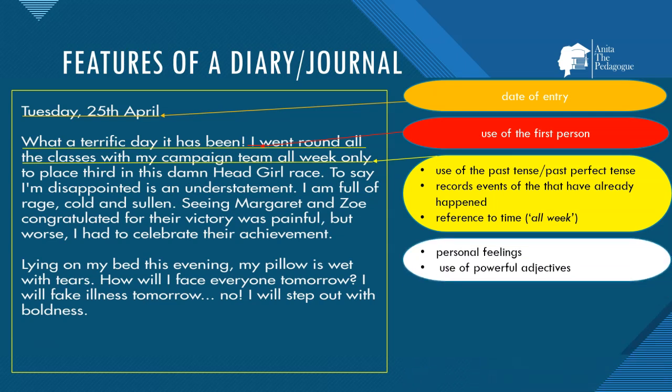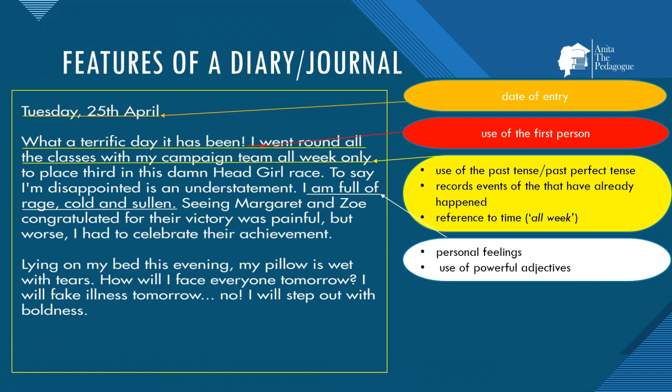Also, there is an inclusion of personal feelings through the use of some powerful adjectives in describing how the writer feels. So the writer talks about the fact that I am full of rage, cold and sullen. So here we are able to know exactly how this writer feels about the situation at hand.